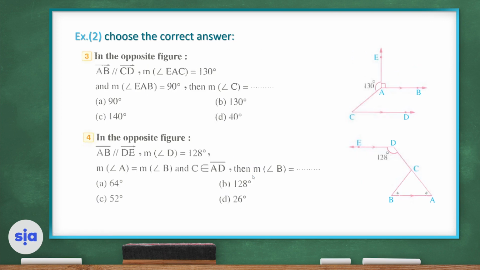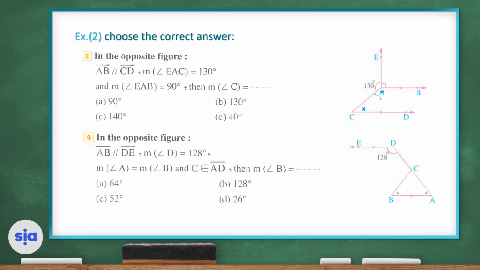Question 3. If AB ray is parallel to CD ray and the measure of angle EAC is 130 degrees and the measure of angle EAB is 90 degrees, how can we find the measure of angle C? This angle and angle C are two interior angles on the same side of the transversal.